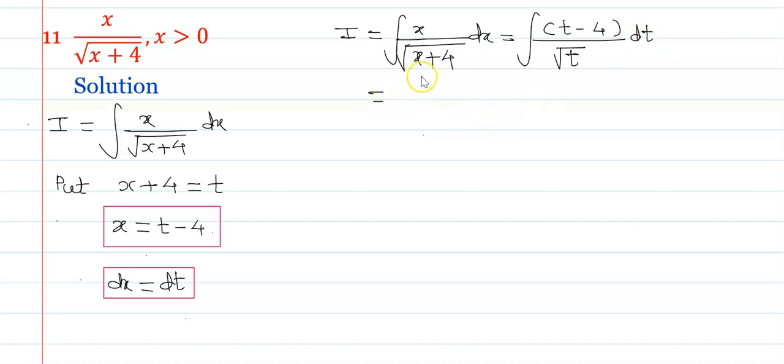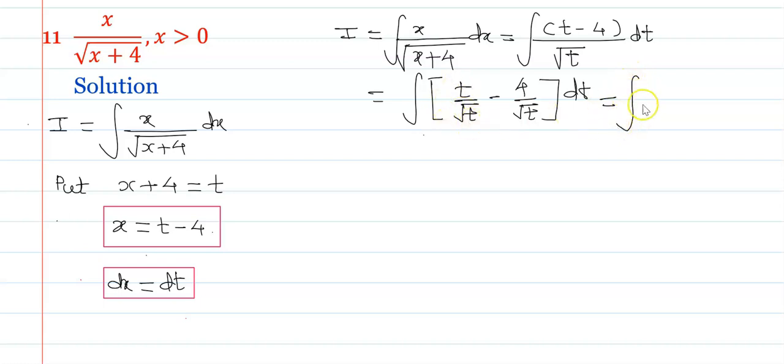Now separate this integral in brackets, t upon root t minus 4 upon root t, into dt.